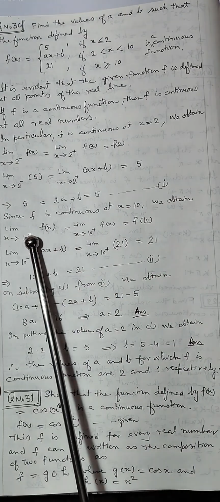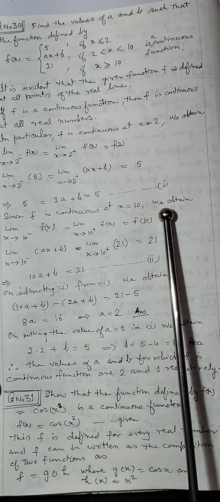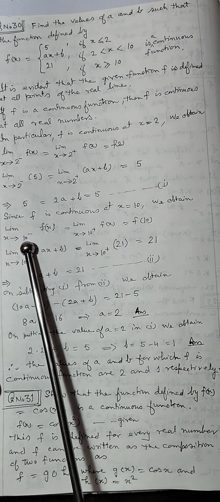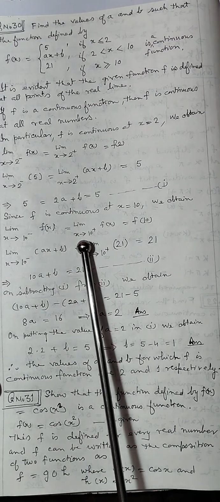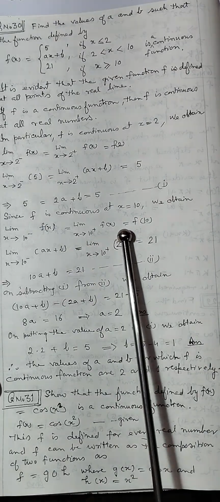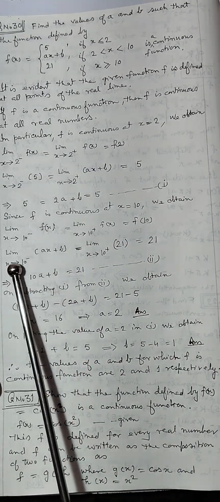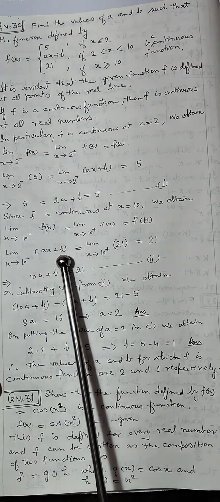Since the function is continuous at x equal to 10, we obtain limit x approaching 10 from the left of f(x) is equal to limit x approaching 10 from the right of f(x), that will be equal to f(10). Now limit x approaching 10 from the left of ax plus b.